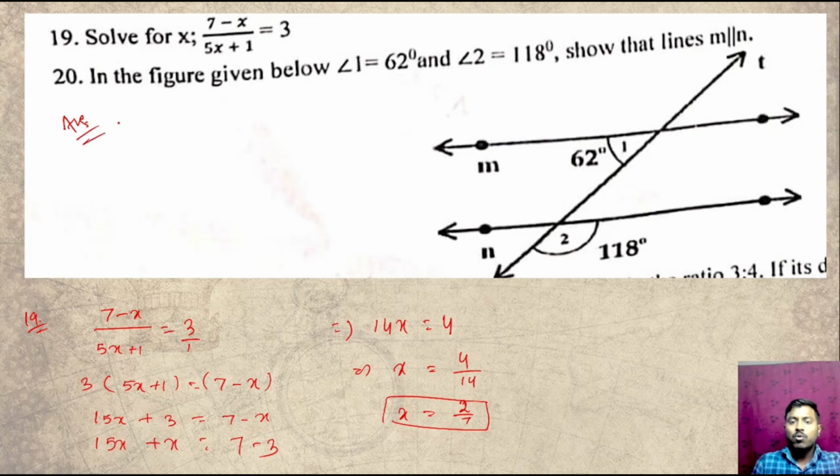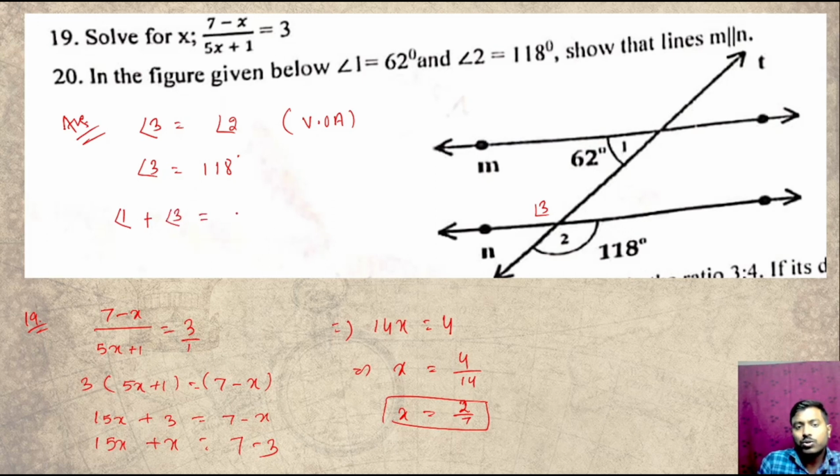In the given figure, angle 1 is 62 and angle 2 equals 108. Suppose we call this angle 3. Then angle 3 is equal to angle 2, as vertically opposite angles. So angle 3 equals 118. Now angle 1 plus angle 3 is equal to 62 plus 118, which we can write as 180.